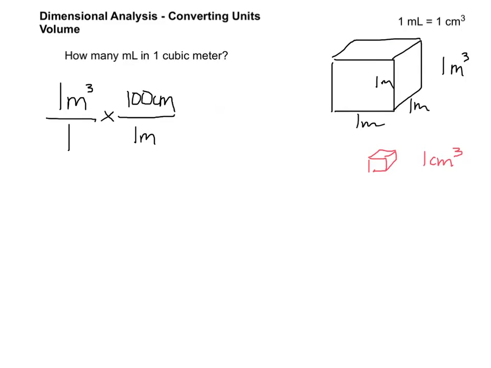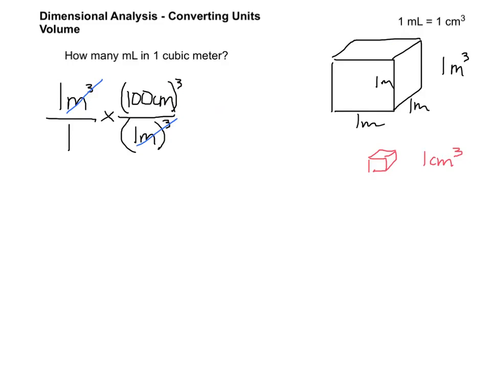Now, meters cubed will not cancel entirely with meters. So what we'll need to do is to cube our conversion factor. We're going to cube the numerator and also the denominator. And in that way, meters cubed as a unit will cancel. Now when we do the math, we'll have to be careful because this 100 will need to be cubed, and centimeters will also be cubed.